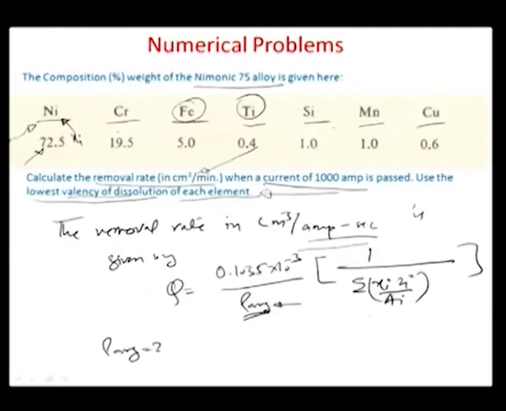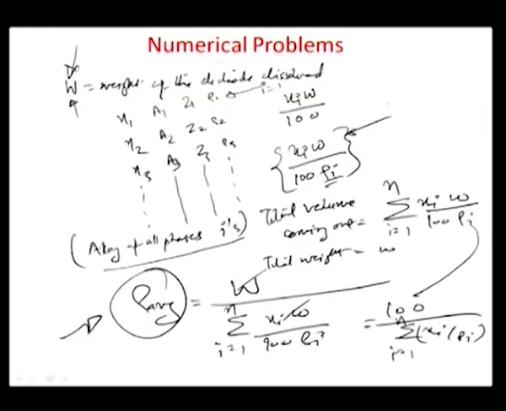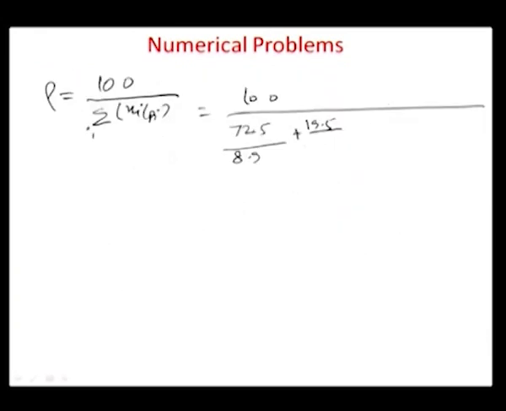The third phase is iron, then titanium, silicon, manganese, and copper. So it is the percentage of iron divided by the density of iron, plus the percentage of the fourth phase divided by its density, plus the fifth, plus the sixth, plus the seventh.